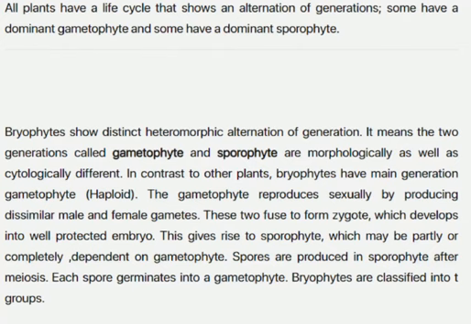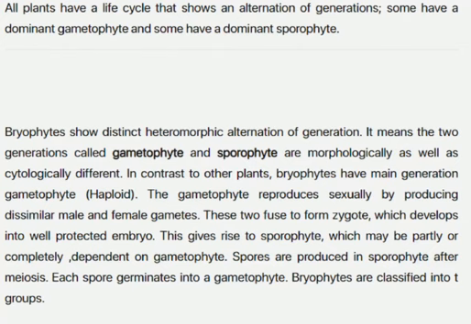What does it mean? It means that its life cycle consists of two types of generations which alternate with each other. Number 1, gametophyte generation, and number 2, sporophyte generation. What is gametophyte generation?